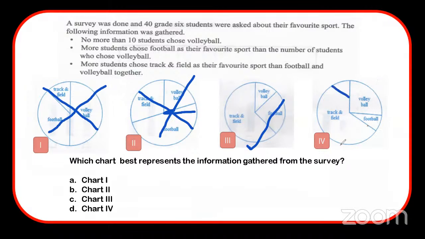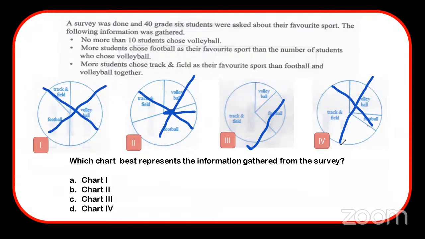I want to see what some of you guys had said. Courtly says 3 because track and field is more than volleyball and football, and more of football is there. All right. Yes, very good. Shakeli Valentine says definitely 3 because it shows all the points. Sure, definitely. So we are going to be counting down and eliminating.